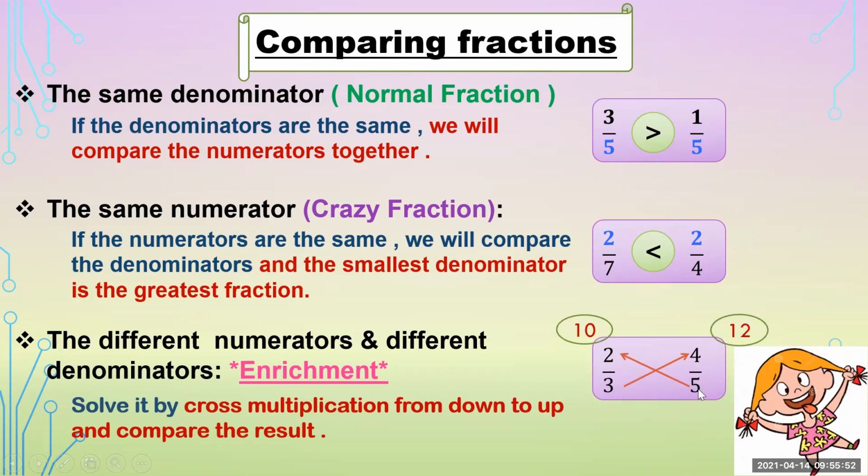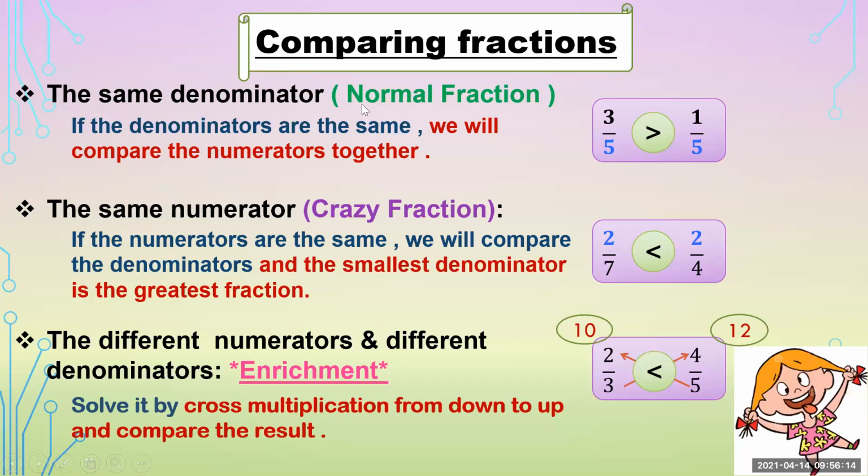And here, start from the bottom and go up. 5 times 2 equals 10. Which is bigger, 12 or 10? Sure, 12. Okay, and we will neglect it now. We will not practice on it.